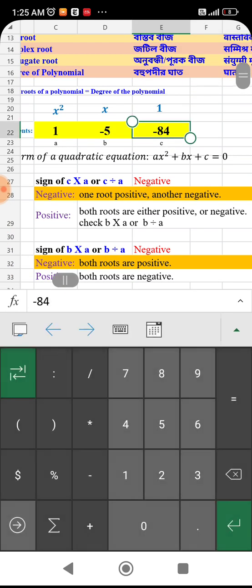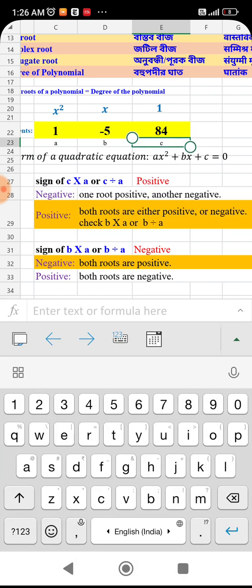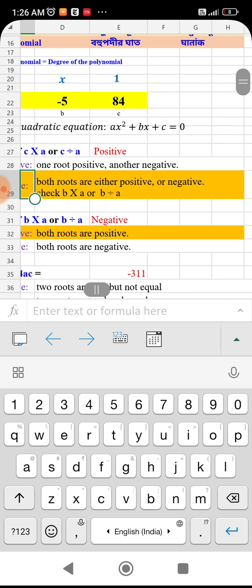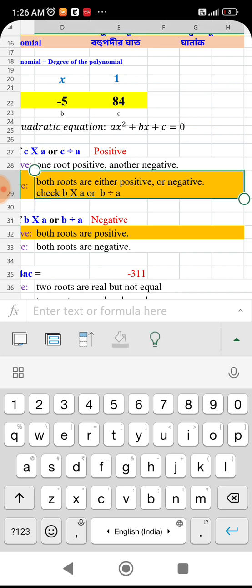Now suppose it is 84, not minus 84. Then C into A is positive. If it is positive, both roots are either positive or negative. For that purpose we have to check the value of b.